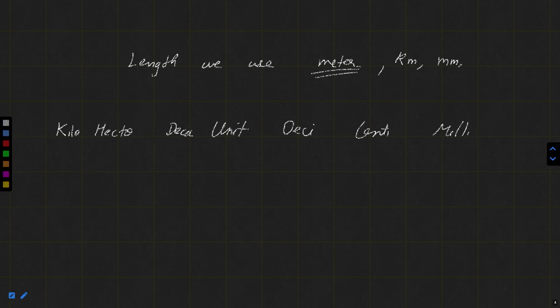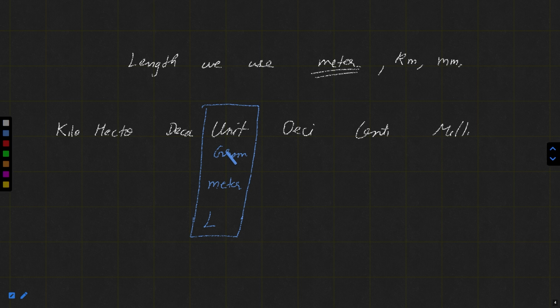Now, our base unit comes here in the unit column, such as gram. Gram is our base unit for weighing, and meter is for length, and liter is for measurement of liquid.